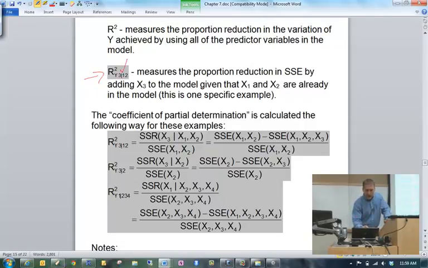The vertical line means given x1 and x2 are in the model. So again, R squared y3 given 1, 2 represents the contribution of x3 given x1 and x2 are already in the model. In particular, the proportional reduction in SSE.